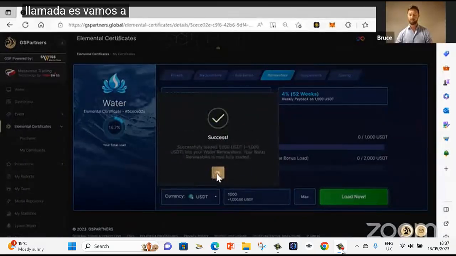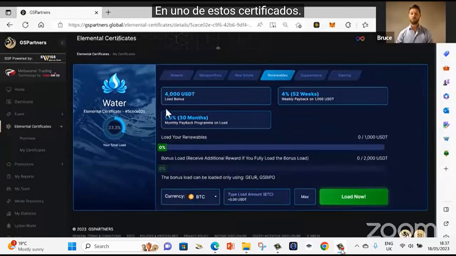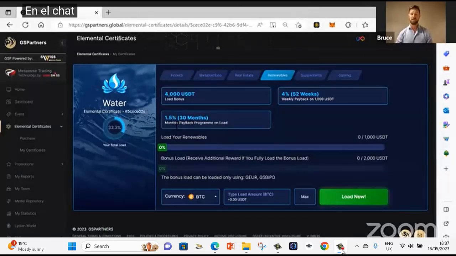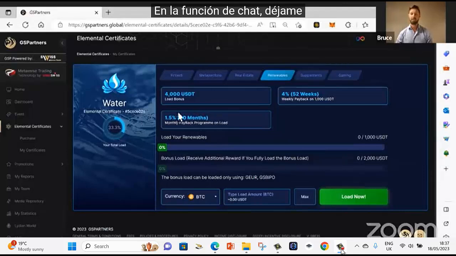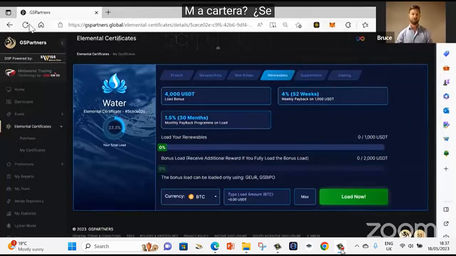Okay. Now, why have I chosen a second blockfolio? Because the second blockfolio also issues a bonus at the end of the blockfolio period of 30 months. It also activates a 1.5% monthly payback program for those 30 months, and it gives another 4% on the price for the next 52 weeks.